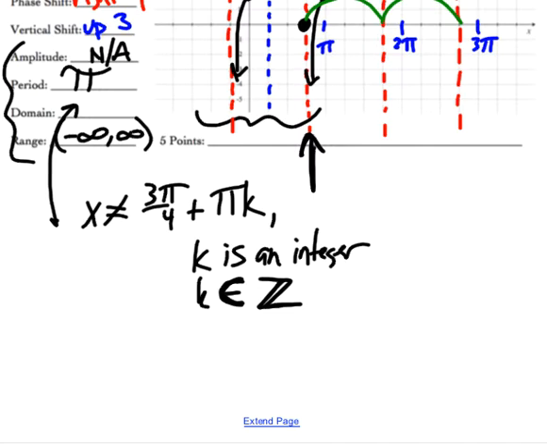So either one of those is okay. You don't have to put both of them, but just noting that the only substitutions there that are allowable would be integer values, which is kind of similar to what we did when we did sequences. We were saying n had to be greater than or equal to 1, those kinds of things. We're just making sure that we understand what is allowed to be plugged in there.